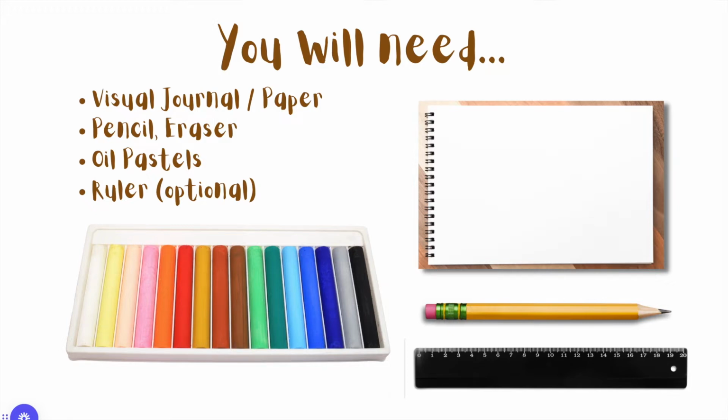However, if you don't have access to oil pastels, wax crayons are a good substitute, and also colored pencils or pencil crayons will also work as well. So just use whatever materials are available at home.